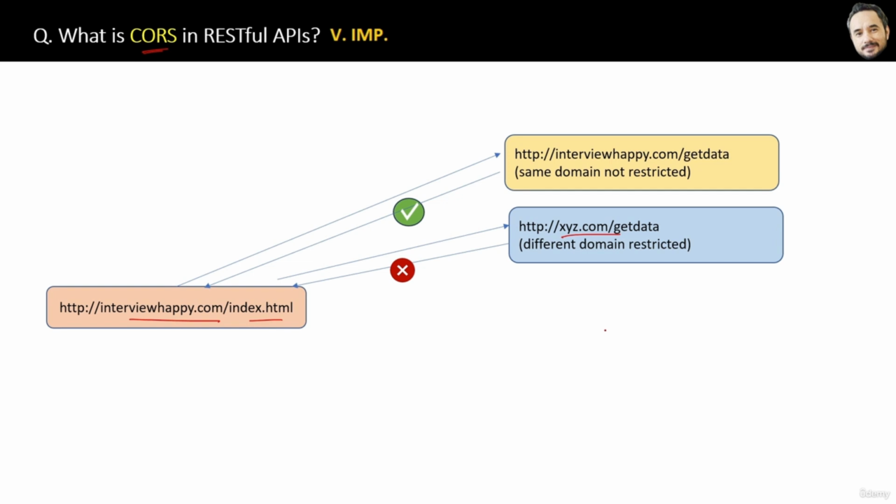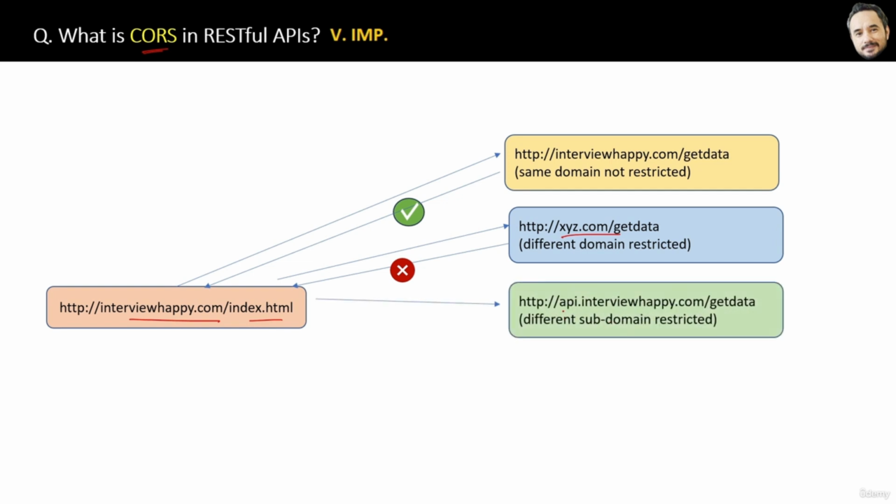For example, in this second case, you want to get the response from a subdomain, like api.interviewhappy.com. In this case also, by default, CORS will not allow resource sharing.